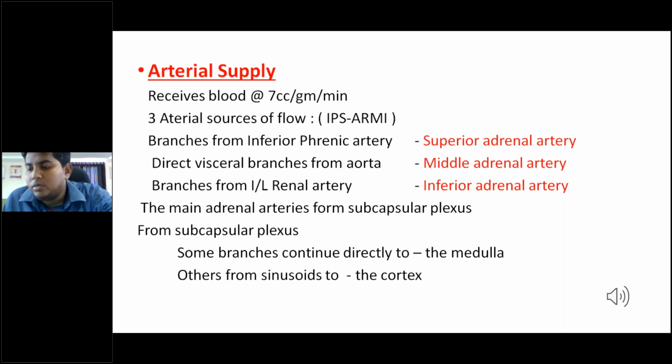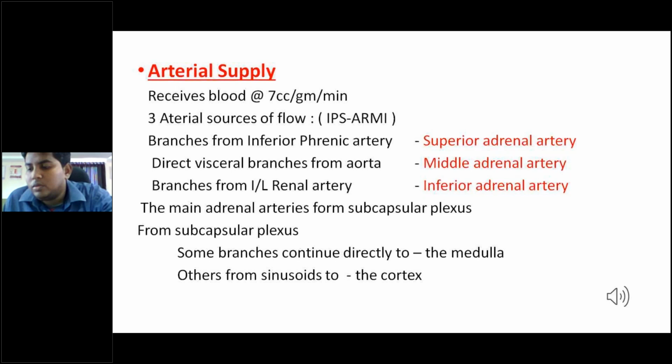These 3 arteries together form subcapsular vessels. From the subcapsular plexus, some of the branches travel directly to the medulla, while others travel through the sinusoids to the cortex. These constitute the arterial supply.